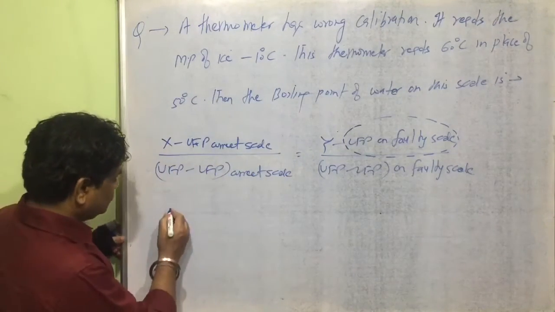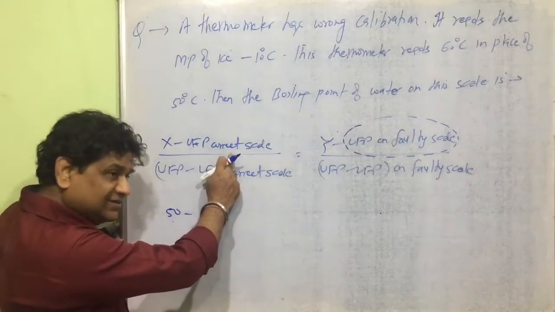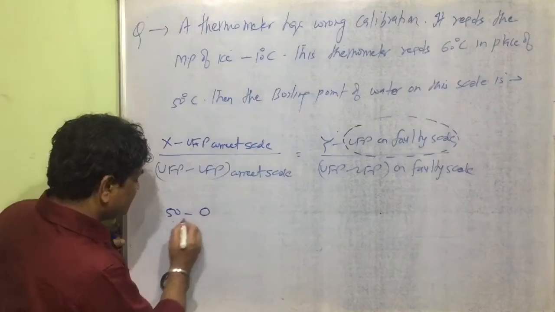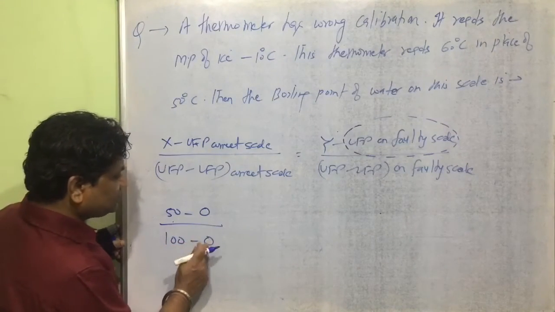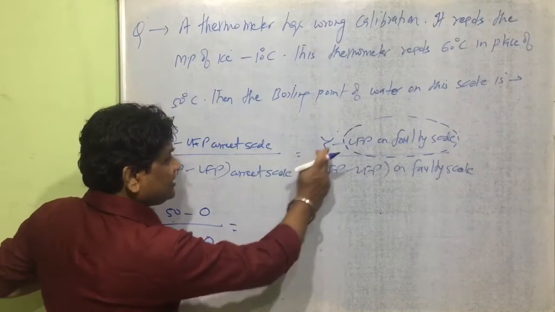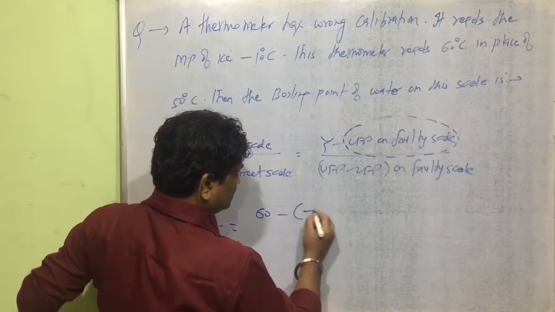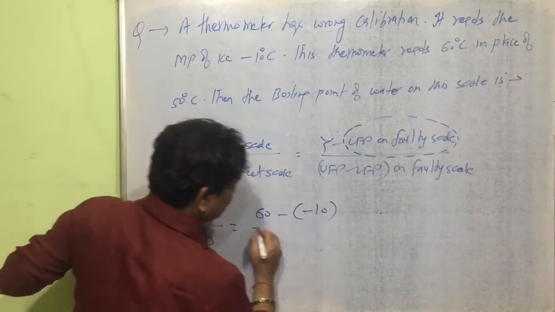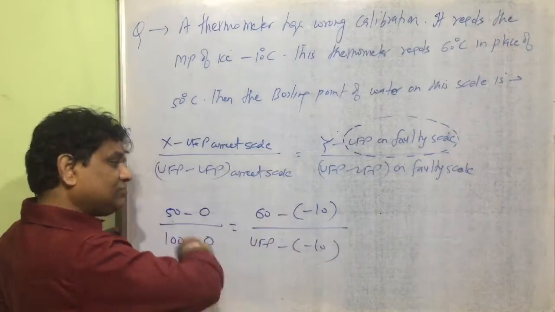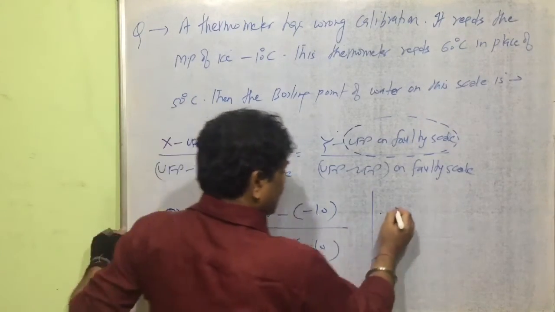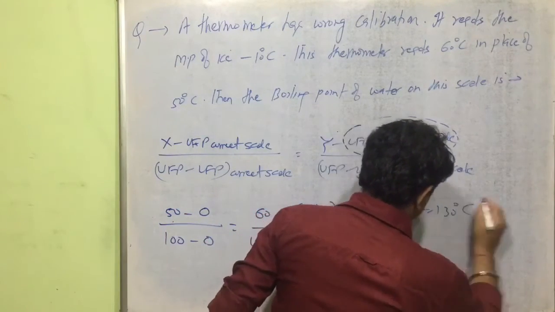X is equal to the given 50 minus lower fixed point on the correct centigrade scale, which is 0, divided by upper fixed point, 100, minus lower fixed point, 0, is equal to y, which is 60, minus lower fixed point on the faulty scale, minus 10, divided by upper fixed point, which is required, minus minus 10. Now solve this relation, you will get your answer. Upper fixed point is equal to 130 degrees Celsius.